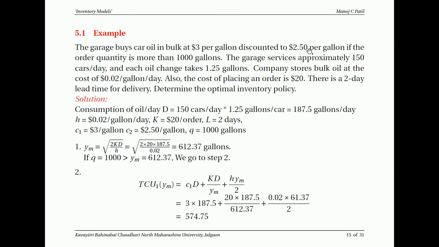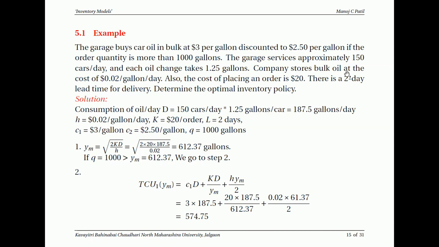The garage services approximately 150 cars, and each oil change takes 1.25 gallons. So 150 multiplied by 1.25 gives the demand, 187.5 gallons per day. D is equal to 187.5.